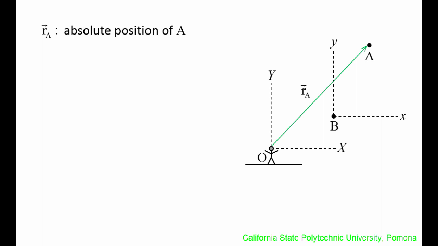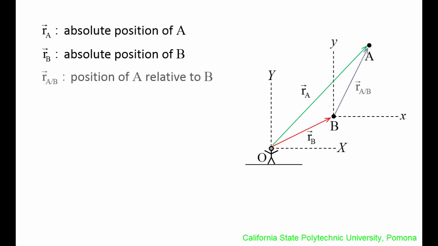We say that RA is the absolute position of particle A. Similarly, the position of particle B from the fixed reference frame is the vector RB, and we say that RB is the absolute position of particle B. The position of particle A relative to particle B is given by the vector RAB. Using vector notation, RA equals RB plus RAB.